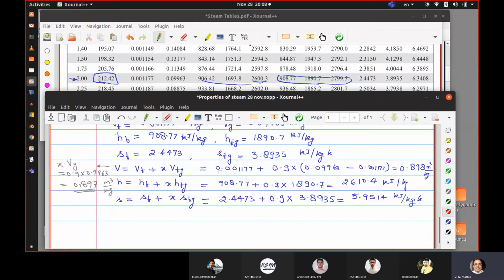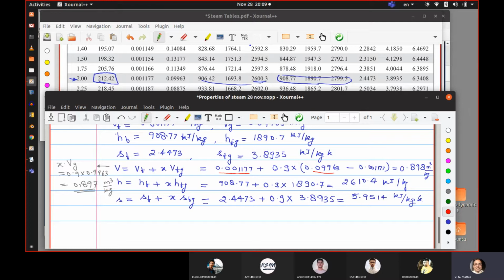This number is very small as compared to Vg or Vfg. So you are subtracting 0.001 from 0.09 and then multiplying it by 0.9 and then adding 0.001. If you neglect Vf in comparison to Vg, then we can directly write V is equal to Vf plus x into Vg instead of Vfg, and you will get a fairly accurate answer.